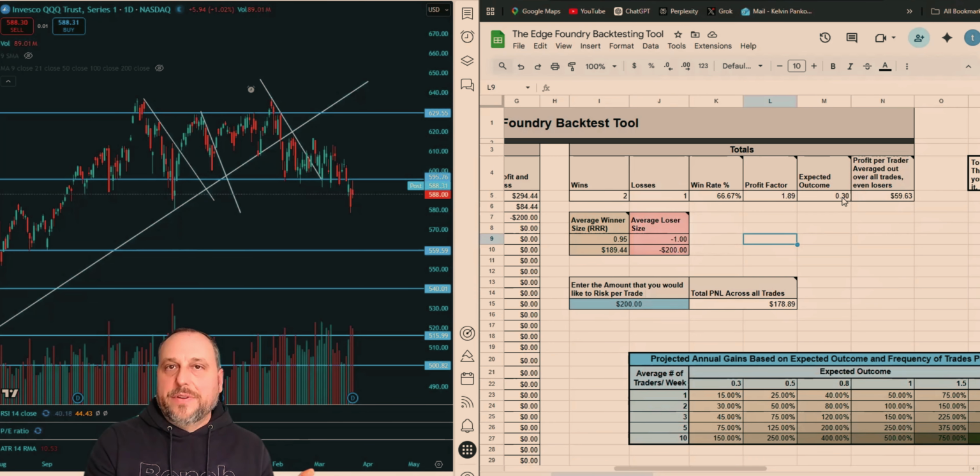So if I'm winning more than I'm losing in both win rate and risk to reward, then I should be making more than I'm losing, right? So after I take the $1 to pay for the $1 loss, how much extra do I have left over? That's what expected outcome is. It says here 30 cents. So I'd have 30 cents left over after I pay for all my losses.